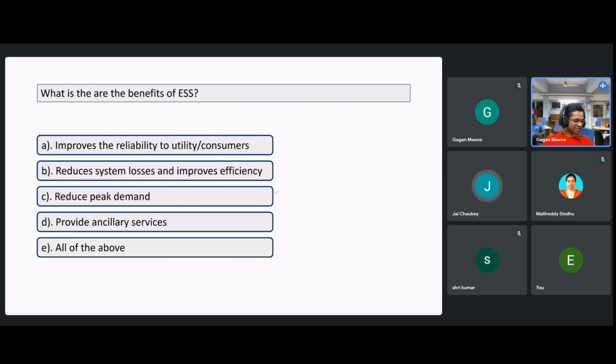Now, the next question is, what are the benefits of the energy storage system? Improve the reliability, reduce system losses, reduce peak demand, provide ancillary service, or all of the above. Totally, all of the above. Yes, correct. Storage is reducing system losses because it is charging, consuming, or even generating at local level, so it will reduce the usage of the network.